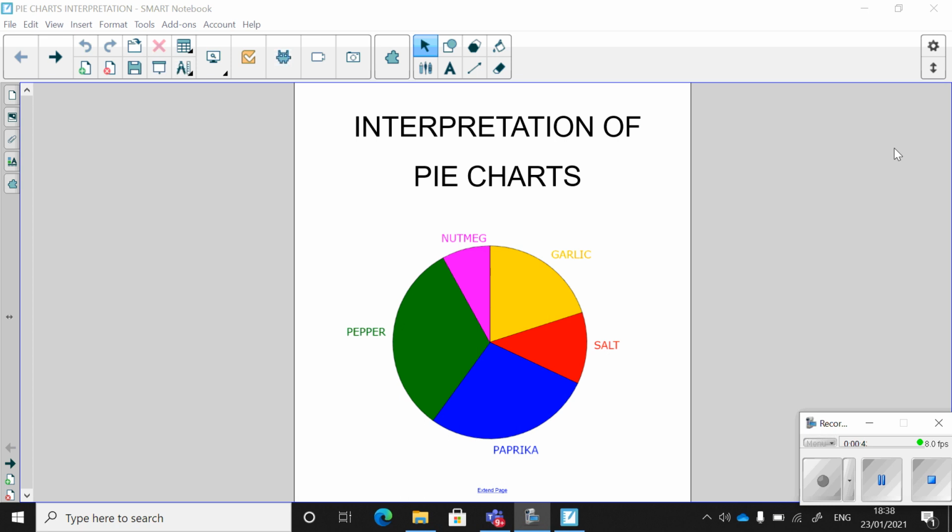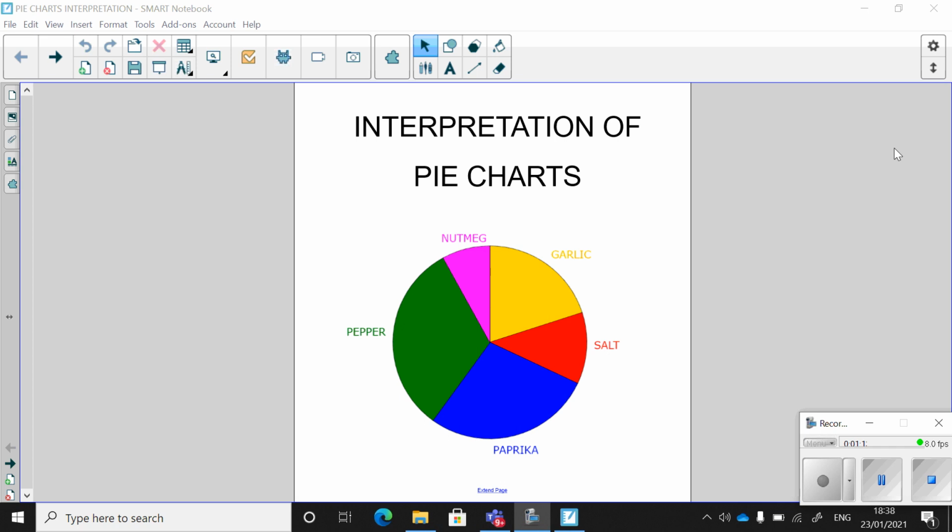It seems that I've got an awful lot of pepper, so I put the black and white into that pepper segment there, and I don't have a lot of nutmeg. So hopefully you can see from that I've got very little nutmeg, and I've got a lot of pepper, and a wee bit of salt as well.